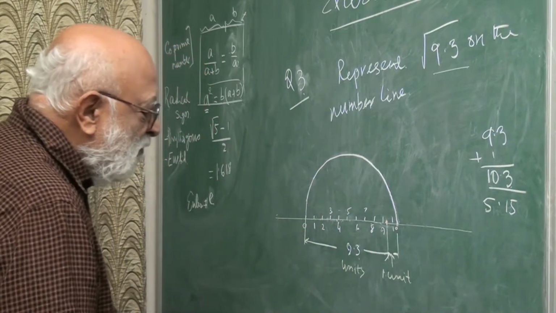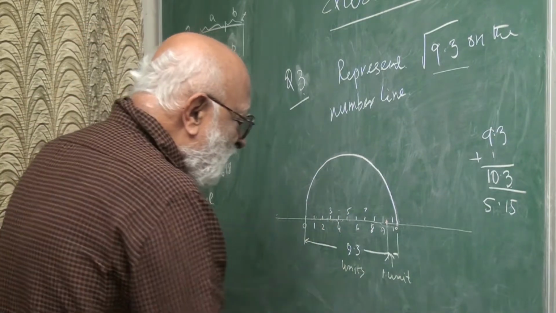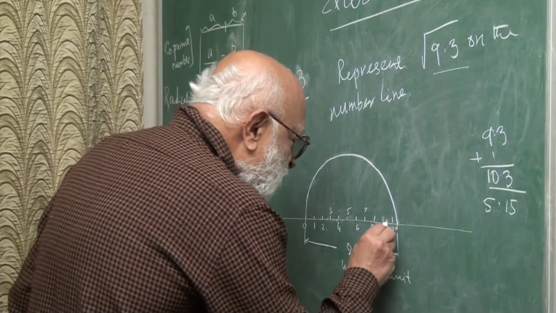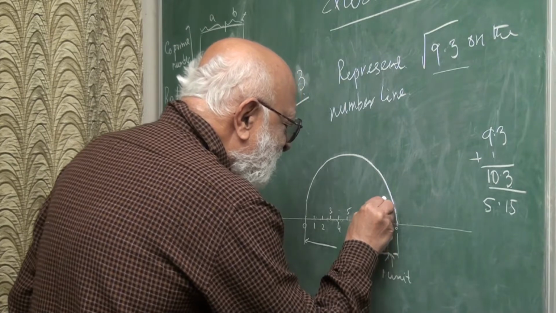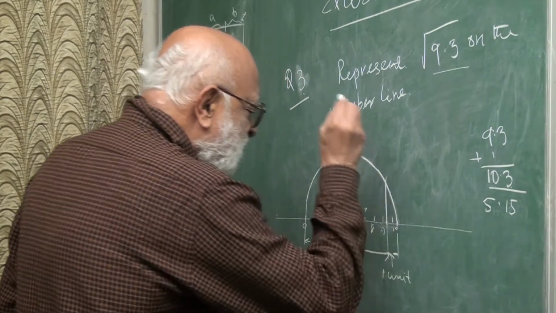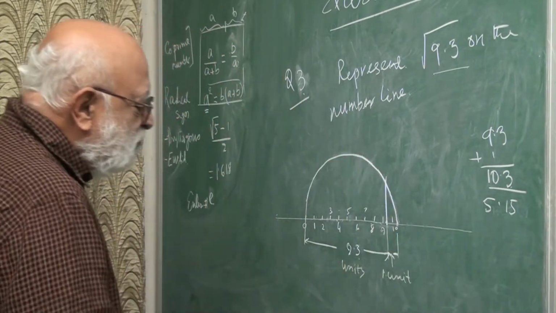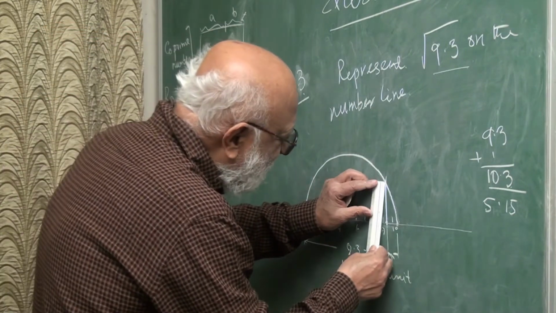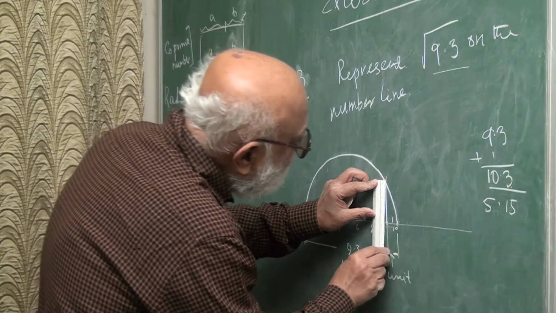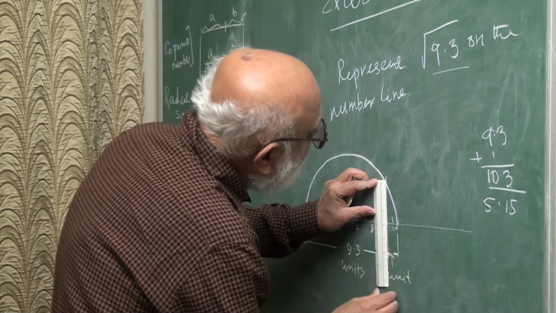Okay. Now from 9.3, you have to draw a perpendicular. So draw a straight perpendicular and let it meet it here. So I have to now measure this distance from here to here.